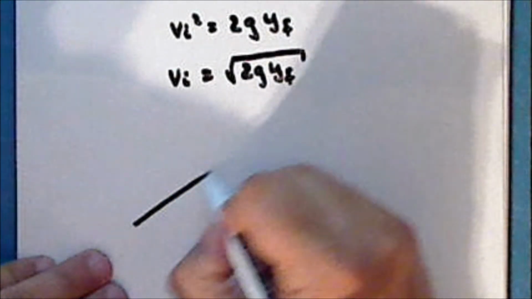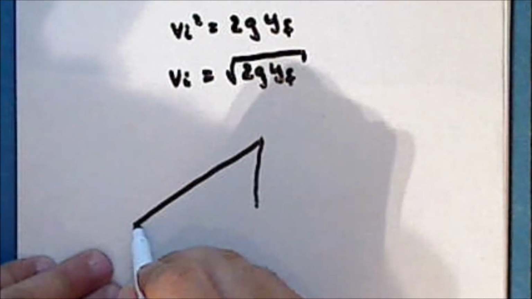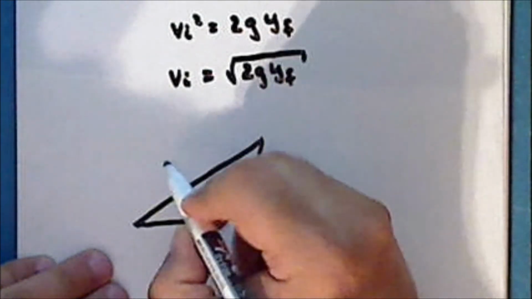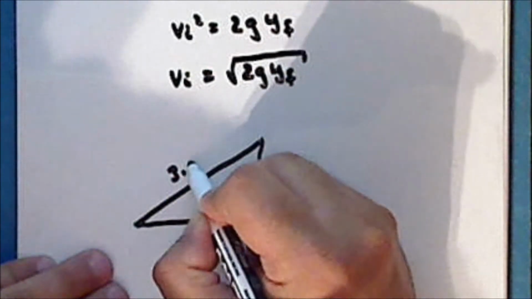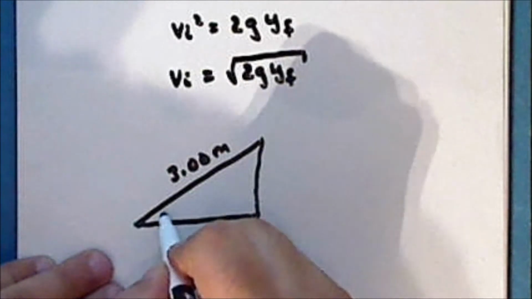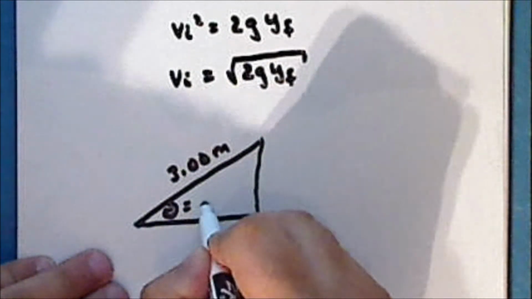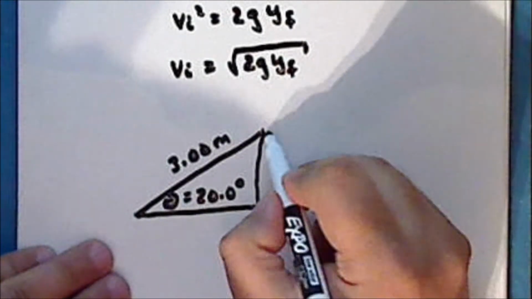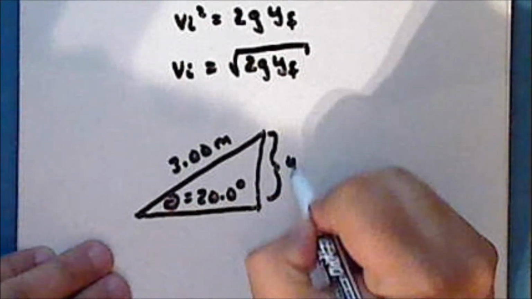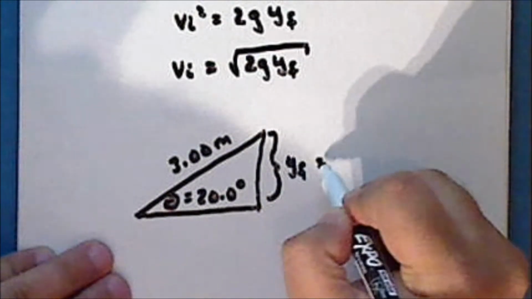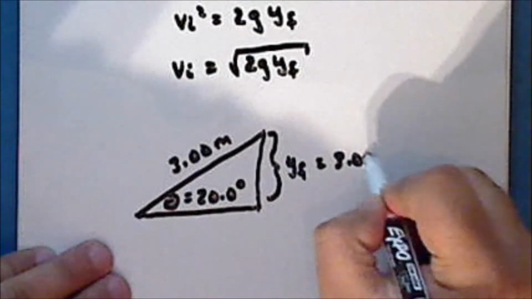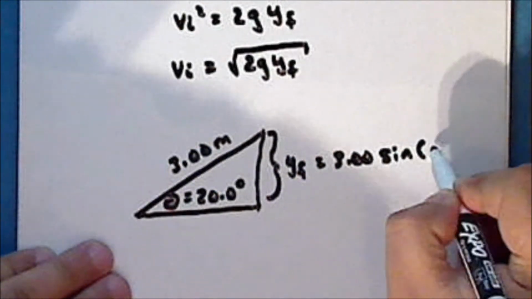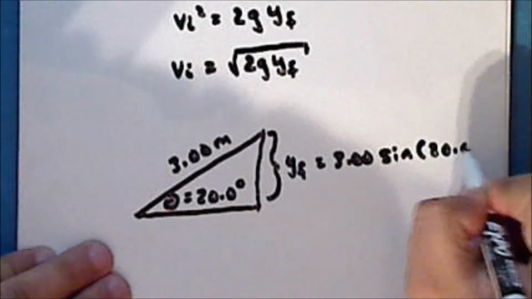Now this ramp has a length of 3.00 meters, and this ramp is inclined at 20.0 degrees. And so the height of the ramp is 3.00 times the sine of 20 degrees.